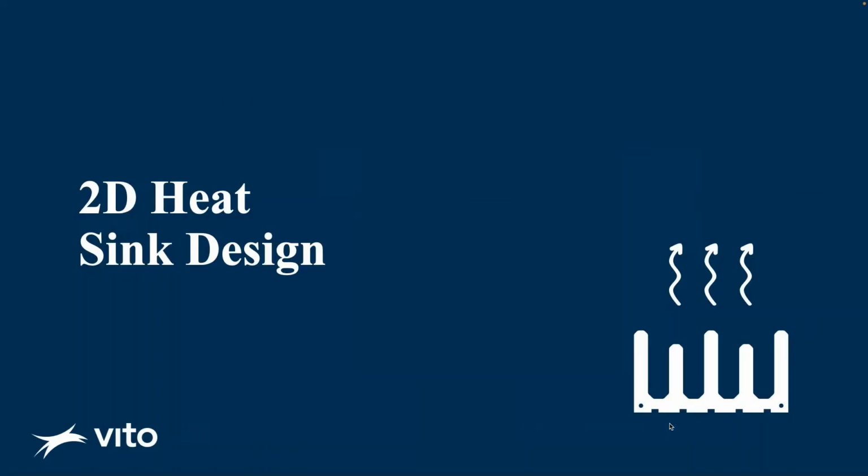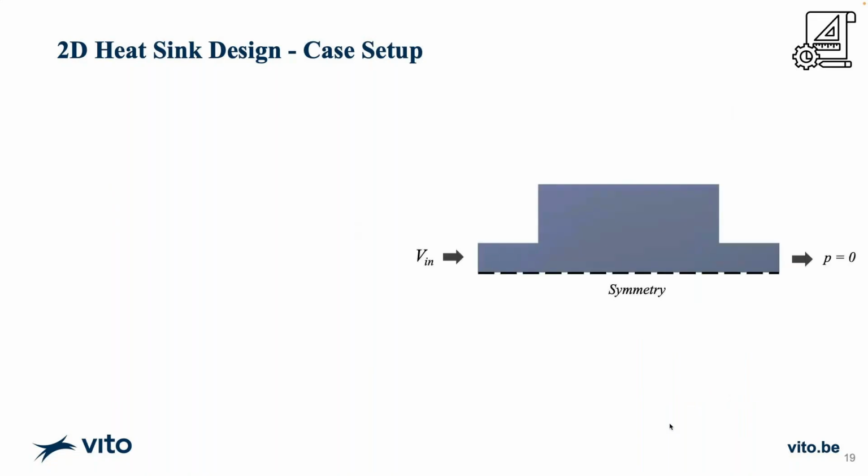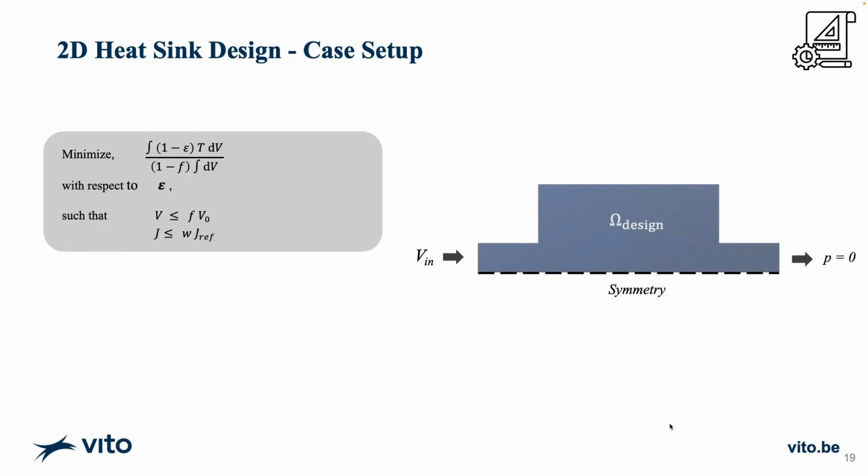Now, moving on to our second design case. We consider only two-dimensional slices, and we consider a symmetry plane in order to further simplify our lives. The inlet and the outlet regions are fixed, and the middle part is the design domain, and we have again our optimization problem.